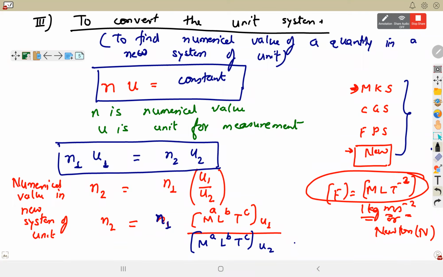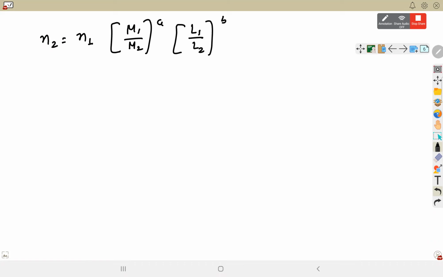So if suppose the first unit system, U2 is the new system of unit. U2 is the new system, correct? So now suppose m1 is the unit of mass in the first system, m2 is in the second system.